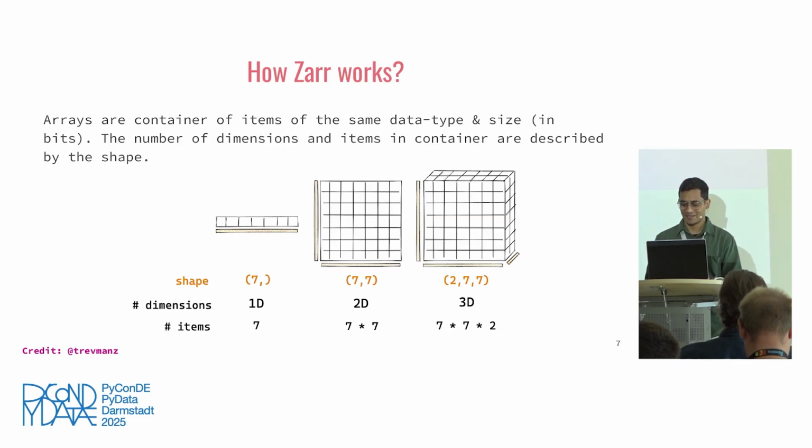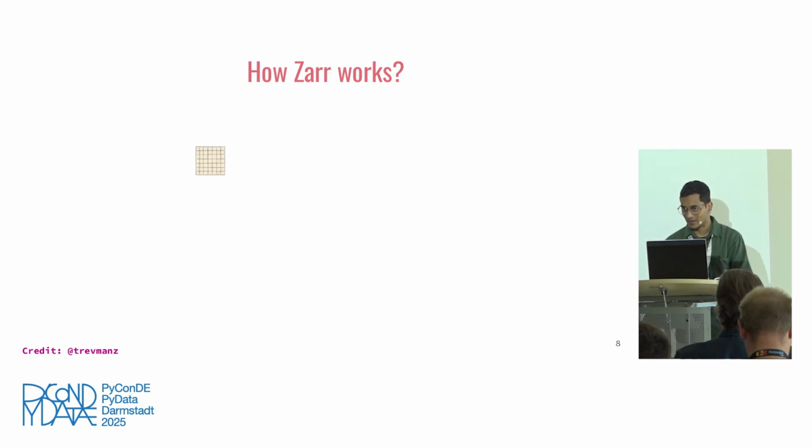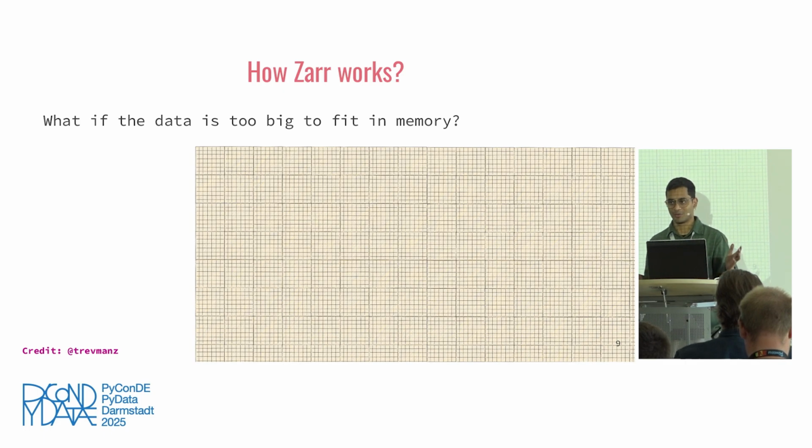Arrays have various dimensions for storing data sets, and we store arrays in 1D, 2D, and 3D. If your array is small enough, it's easy to work with and easy to store in memory. But if it gets too big, it becomes too complicated to work with. This is where Zarr comes in.